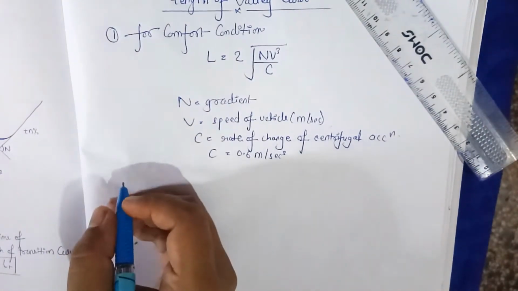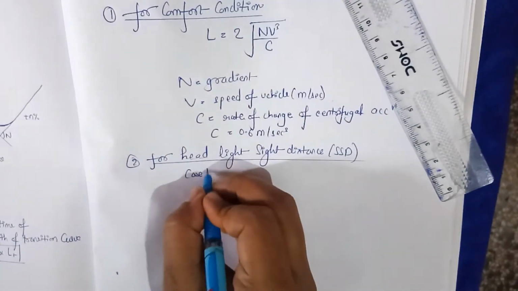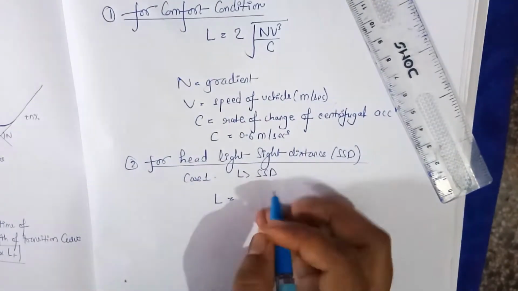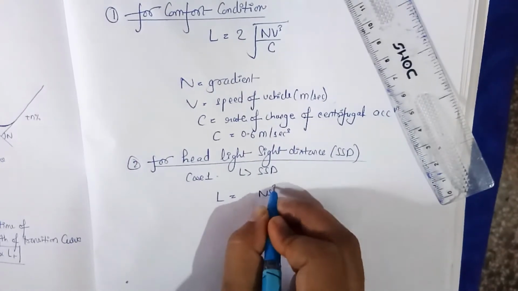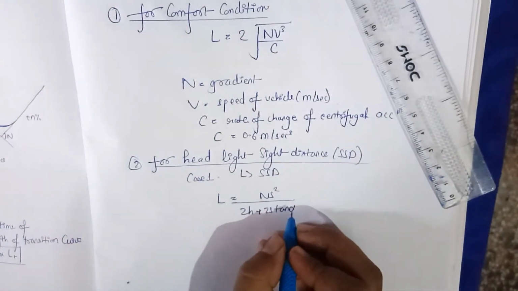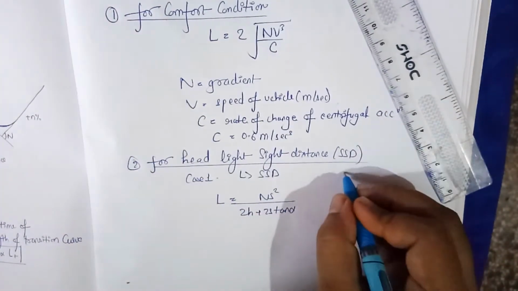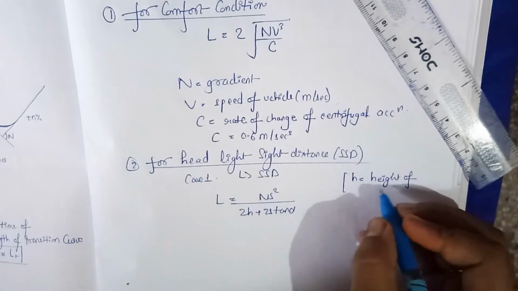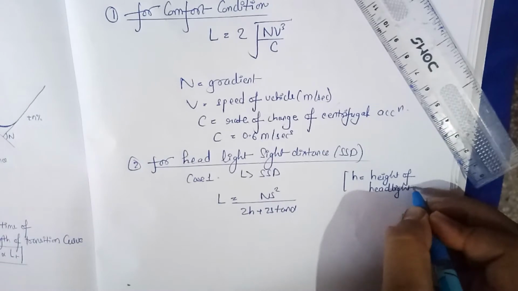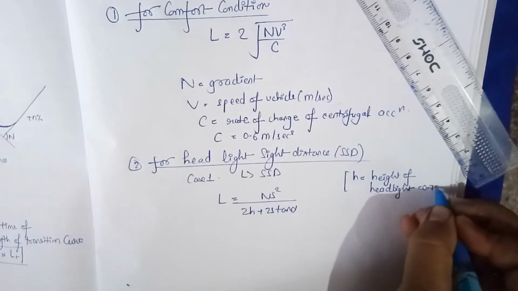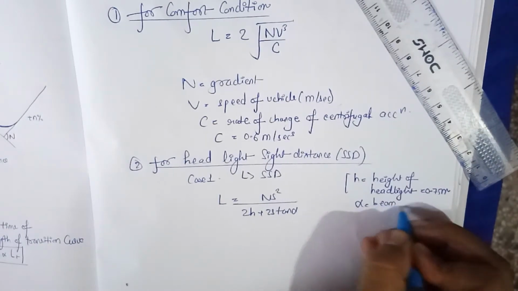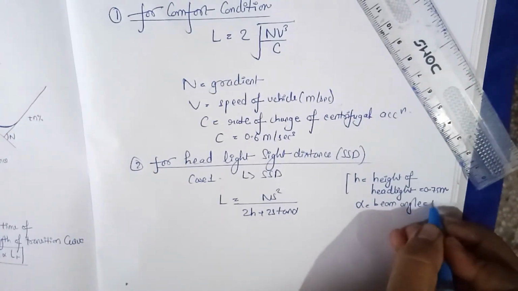Next we will see for the headlight sight distance there are two cases. The first one is when the length is greater than the SSD. The formula of length of valley curve will be equal to N S square upon 2H plus 2S tan alpha. H is the height of the headlight, that is equal to 0.75 meter. And alpha is the beam angle, that is equal to 1 degree.